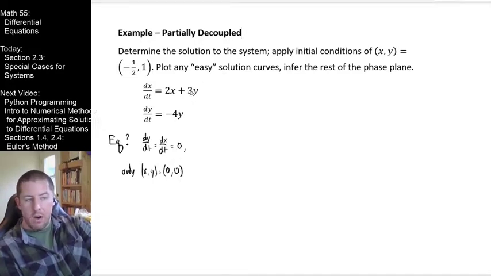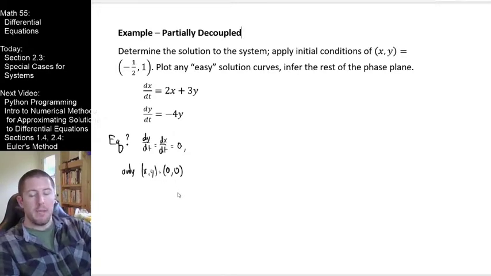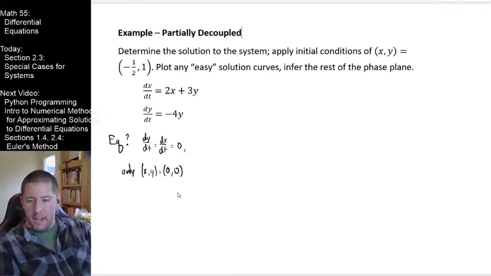If y is 0, then x also has to be 0 for dx dt to be equal to 0. So there is only one equilibrium, at 0, 0. There are no other possibilities.